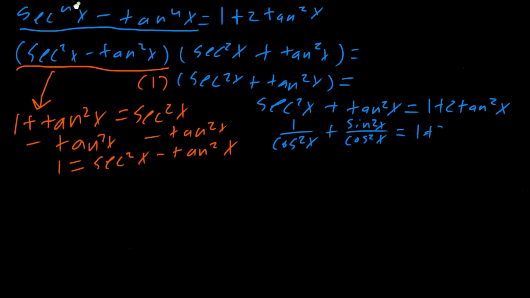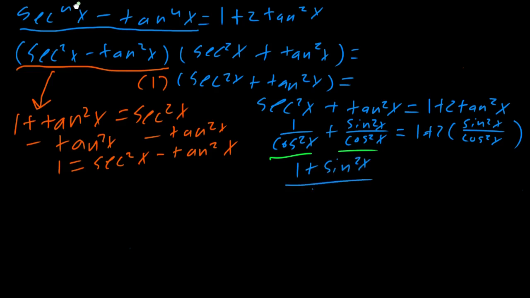And then we have tangent squared again, so it's sine squared of x over cosine squared of x. Since these two on the left side have the same denominator, we can condense it down into one term. So you have 1 plus sine squared of x over cosine squared of x.